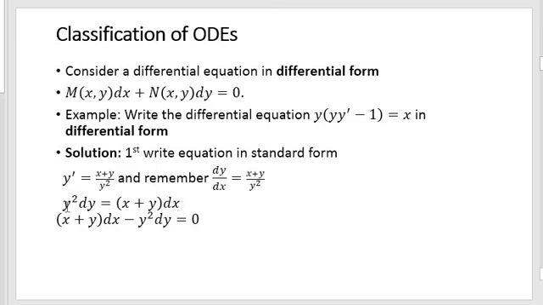Taking y squared dy to the other end, this will give me (x plus 1) dx minus y squared dy, which is equal to 0, which is this. So congratulations, together we have managed to write this differential equation in its differential form.